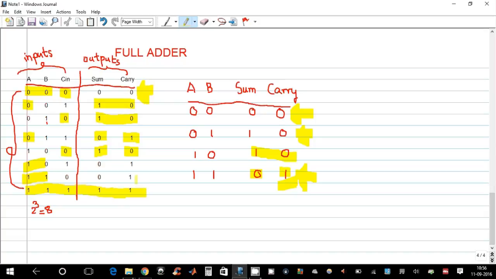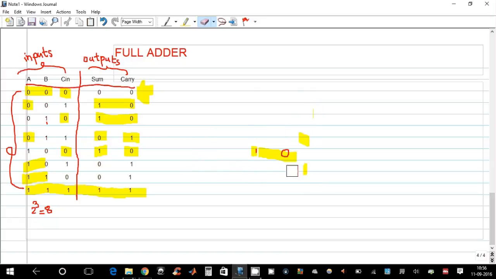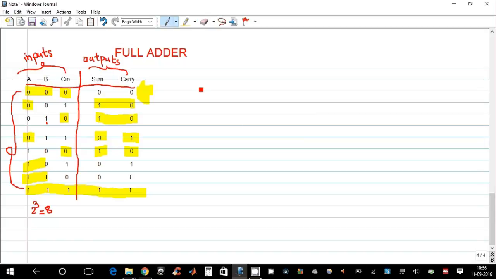So now we will construct the logic circuit for this full adder. We are constructing a black box which requires 3 inputs.